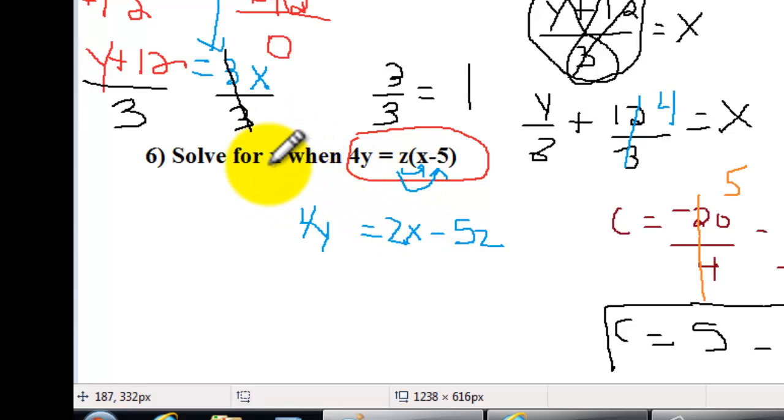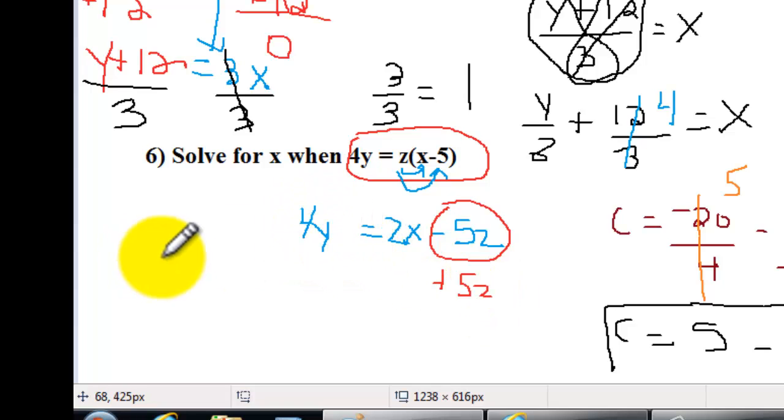So our objective here is to get x by itself. We have y on this side, we got an x, we got a z. That x needs to be alone. So what I see is there's a subtraction here that we have to do the opposite of. So plus 5z on both sides of the equation.